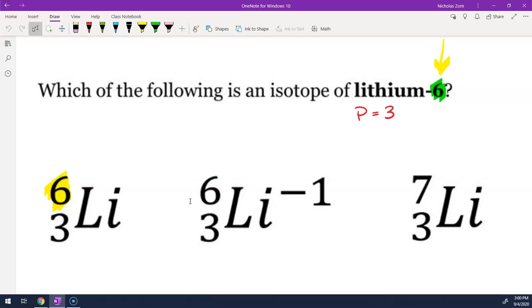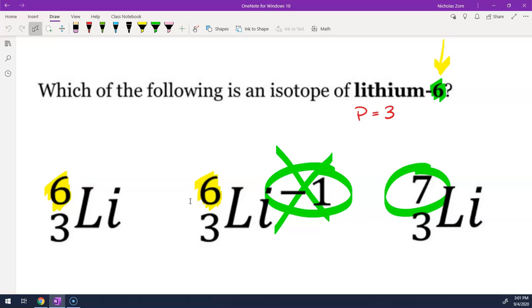The second one also has a mass of 6, but I tried to trick you with this. Okay? Charge has nothing to do with isotopes. This last one here has a mass of 7. So that means that it has 4 neutrons, and in this case would be an isotope of lithium-6. So all of these have 3 protons, but lithium-6 and lithium-7 have a different number of neutrons.